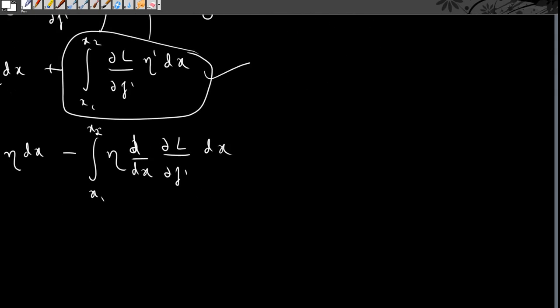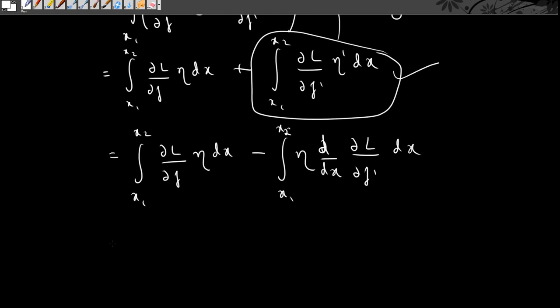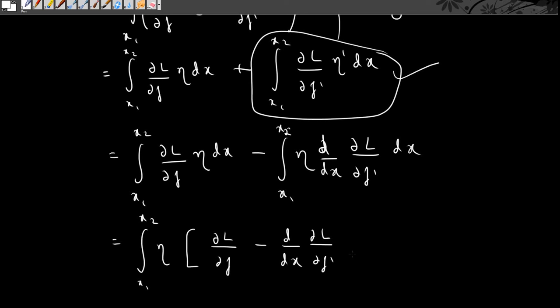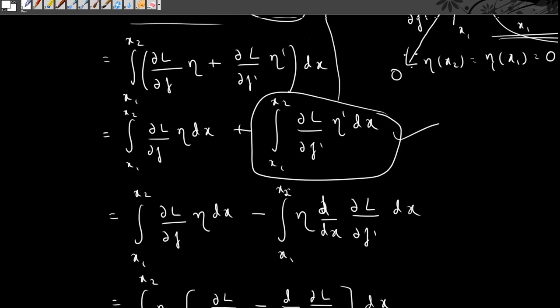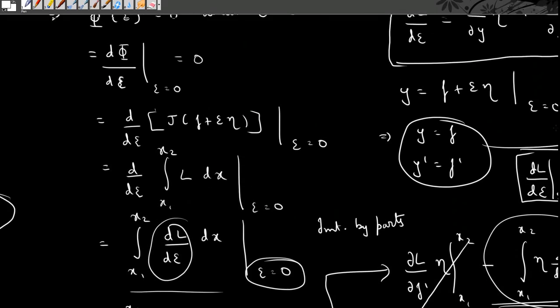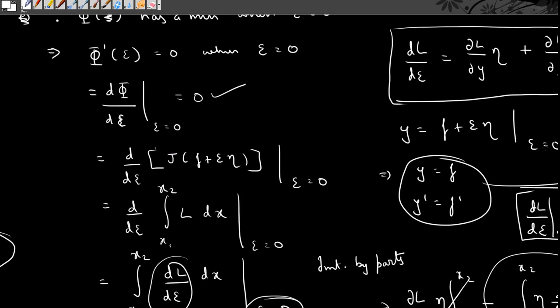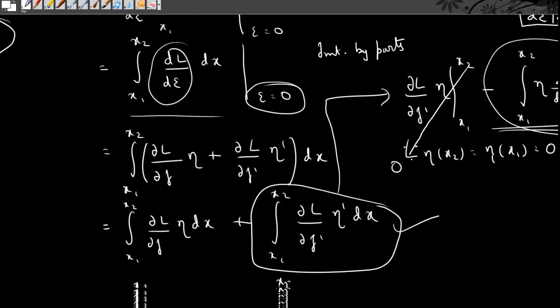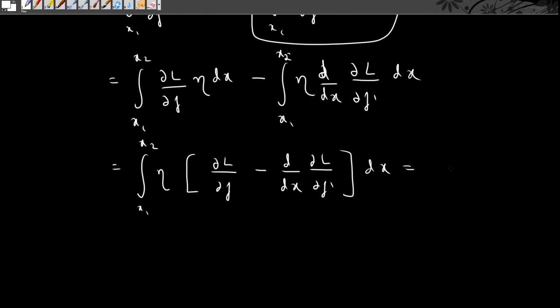So what does this give us? So this becomes integral x1 to x2 eta into dou L by dou F minus d by dx times dou L by dou F dash into dx, and this must be equal to 0.